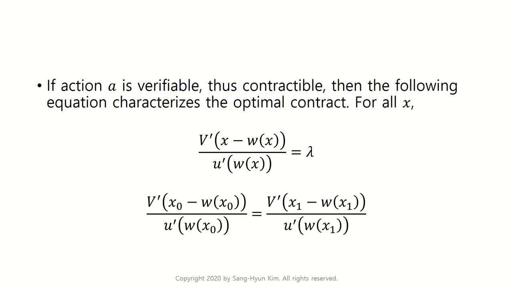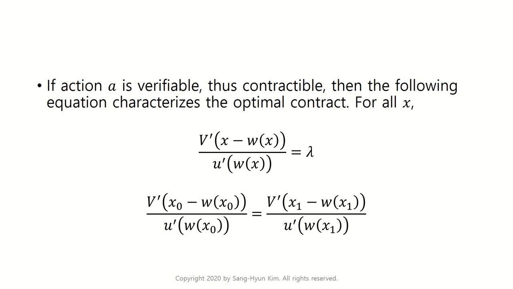So the principal wants to maximize the social surplus, and the principal will give the agent just u underbar, and then the principal will take the rest.